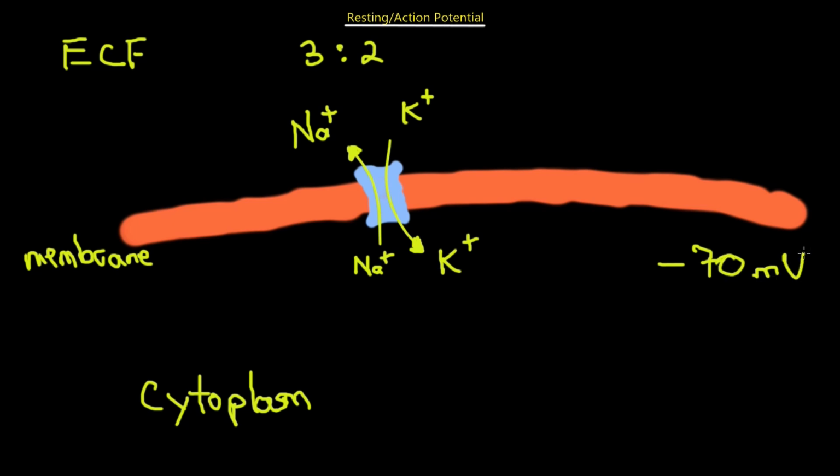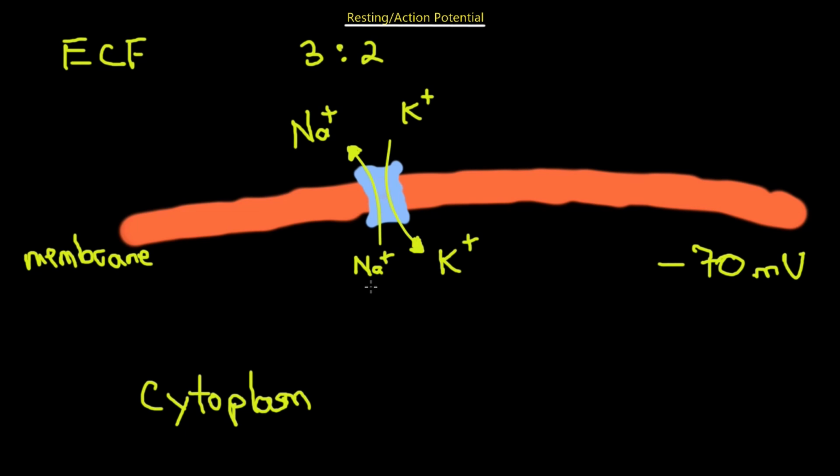-70 millivolts. So the membrane potential before any action begins, before any electrical impulse could be transmitted across a cell, has to be kept at this -70 millivolts, because as you can see, 3 sodium, more positive charges, are flowing out of the cell than are coming into the cell.